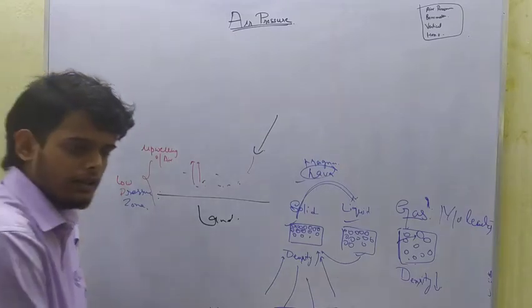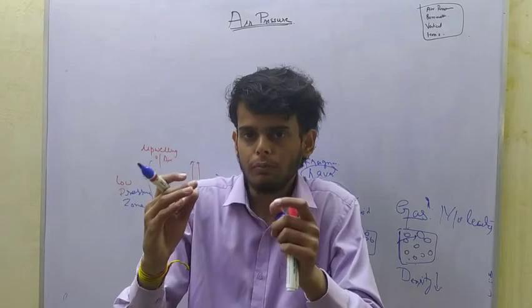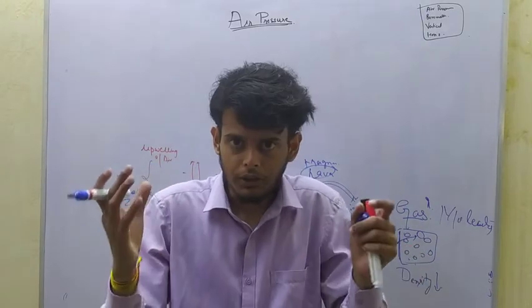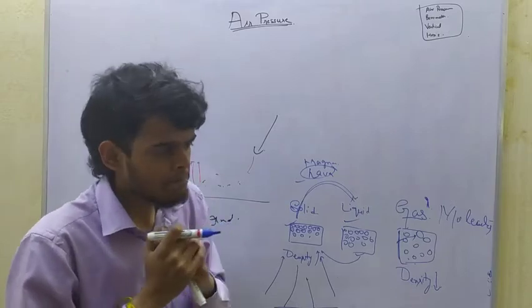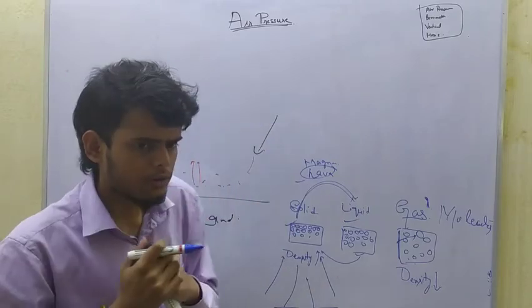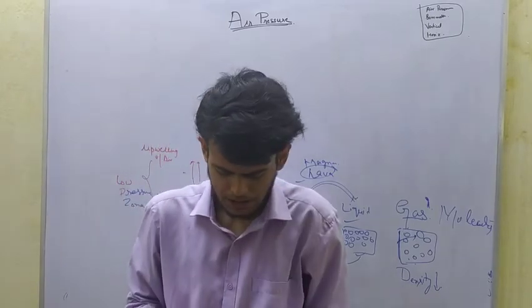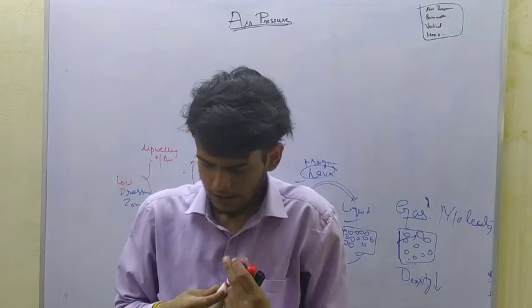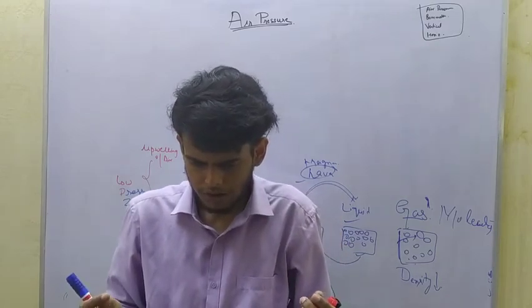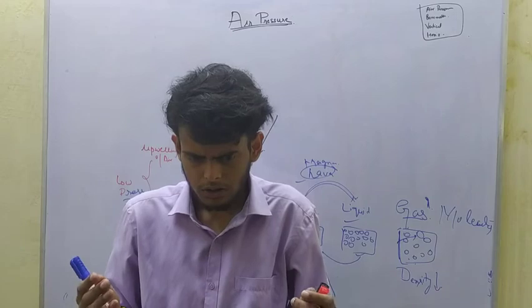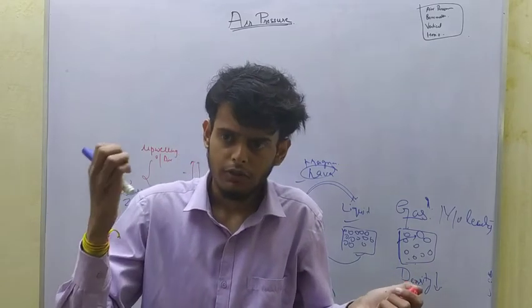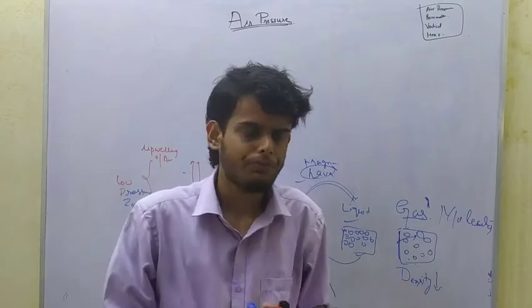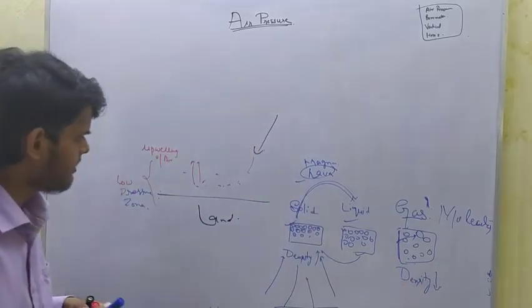And as we know, heavy objects like a stone fall on the ground. When we throw it, then it automatically falls on the ground due to the force of gravity. But a balloon filled with helium gas floats in the atmosphere. Why is this so?